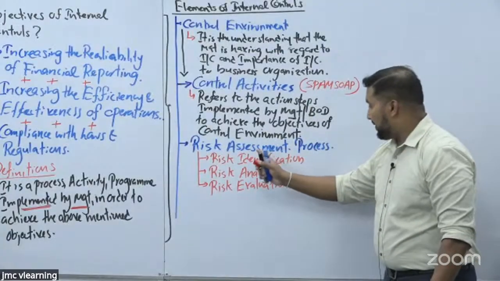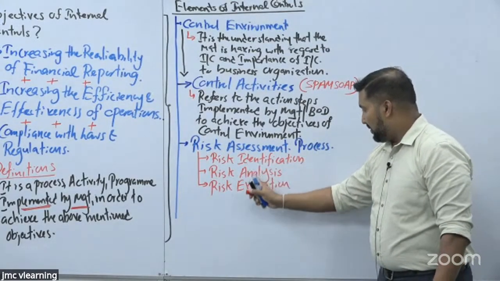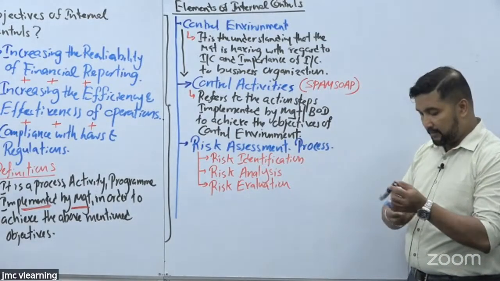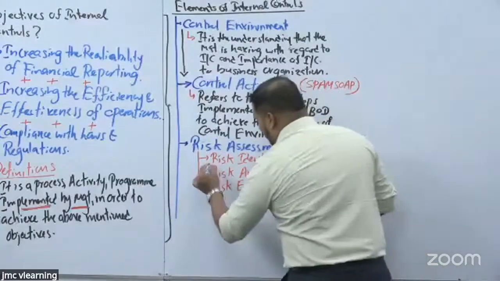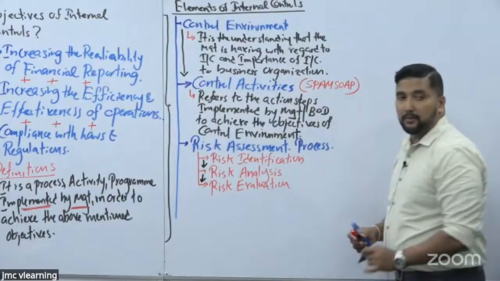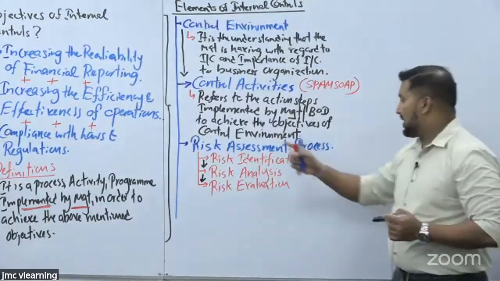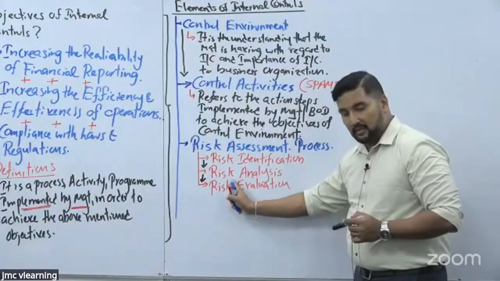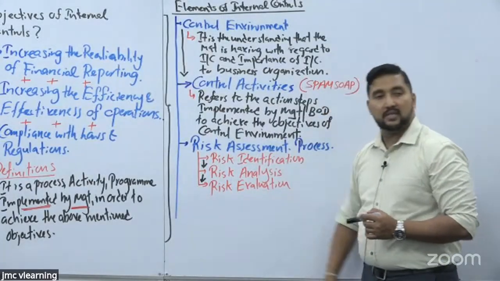So you will be having the risk identification, risk analysis, and risk evaluation. When you consider these three separately, we can put the arrow like this. Risk identification comes first, then risk analysis comes second, then risk evaluation comes third.